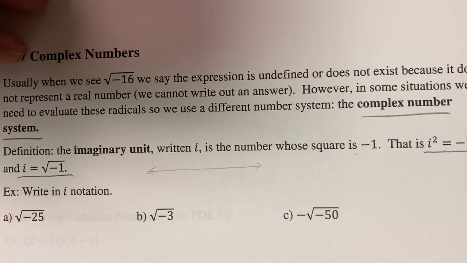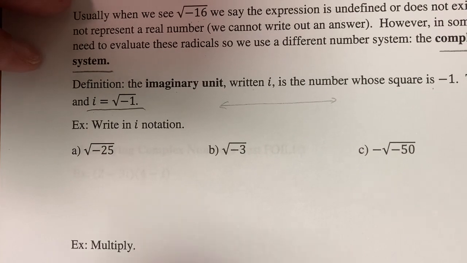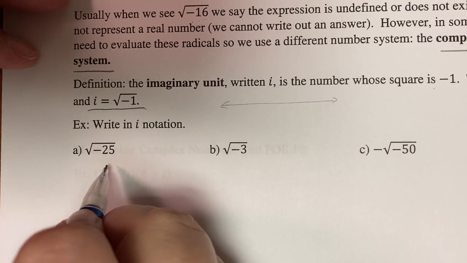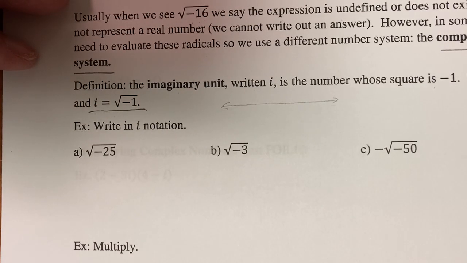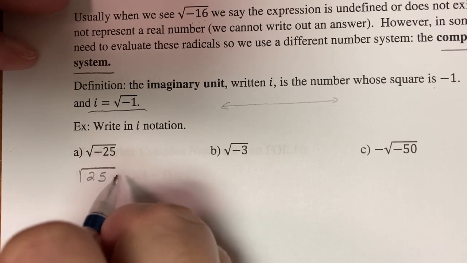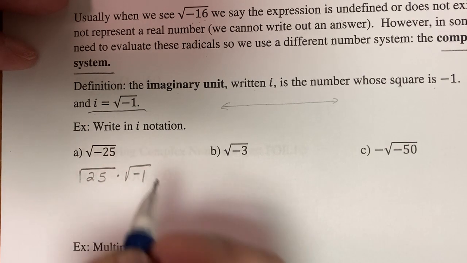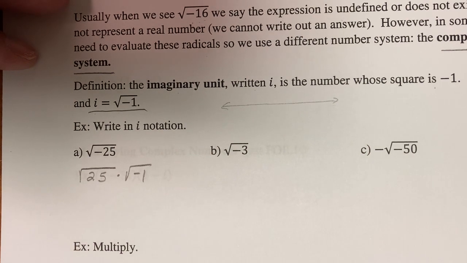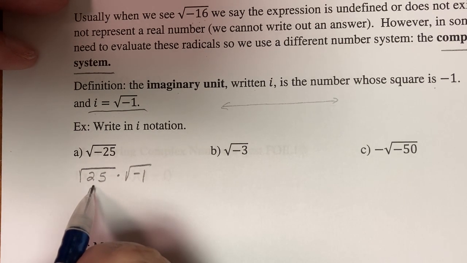So how does that help us? Well, look, if I have the square root of negative 25, now again, up till now, we have not been able to find an answer for that. What we're going to do is split that up into the square root of 25 times the square root of negative 1. Perfectly legal, what I just did. Well, what's the square root of 25?